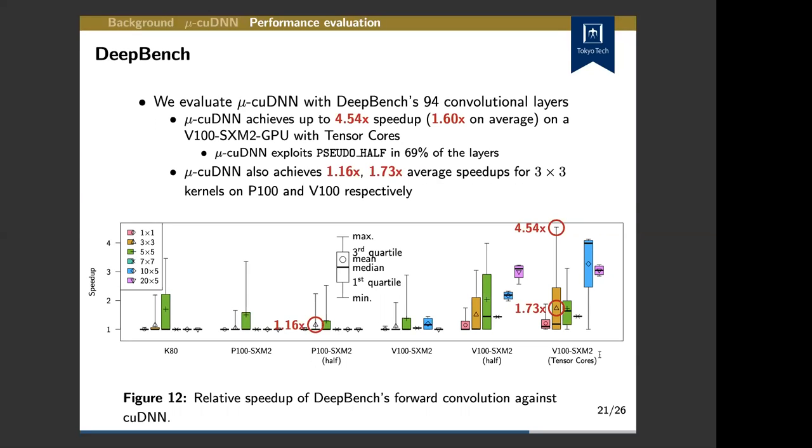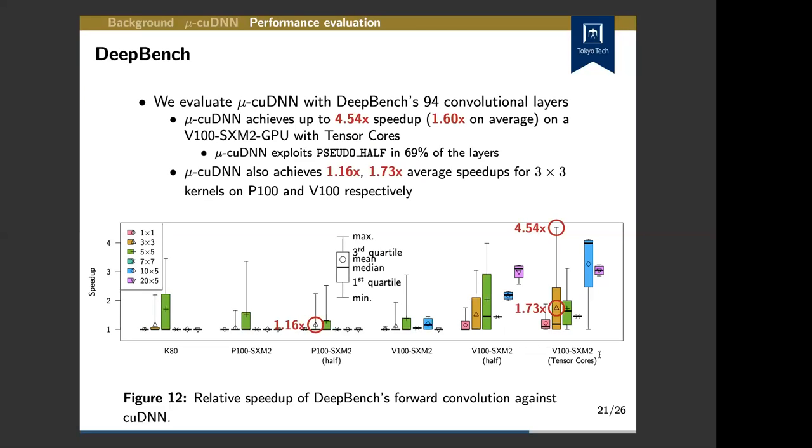An interesting point here is microcuDNN uses pseudo half in about 70% of the layers, which implies that the single precision float algorithms are still useful for some cases if the workspace size is efficiently divided.